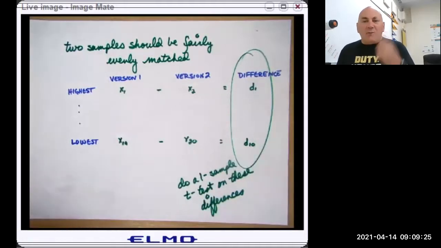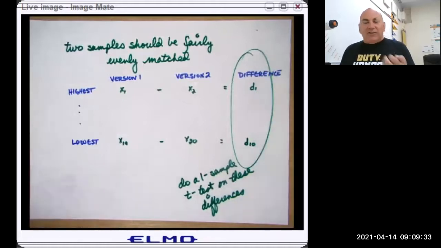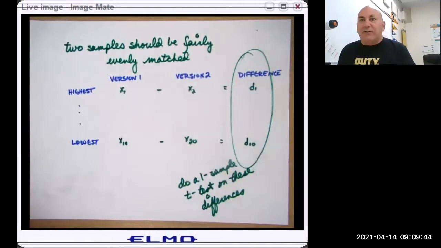Now what we do is we go back to last chapter and we do a one sample t-test on these differences. Now, if the average score for version 1 is equal to the average score of version 2, then these differences should cluster around 0. So that tells us how we're going to set up our hypotheses.